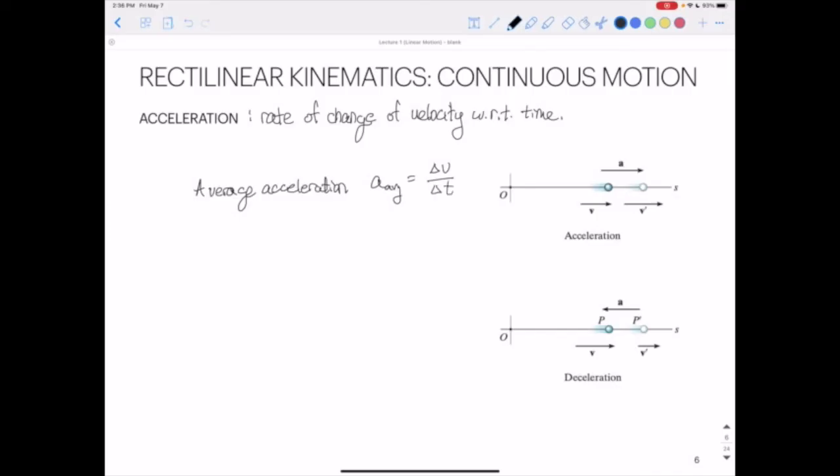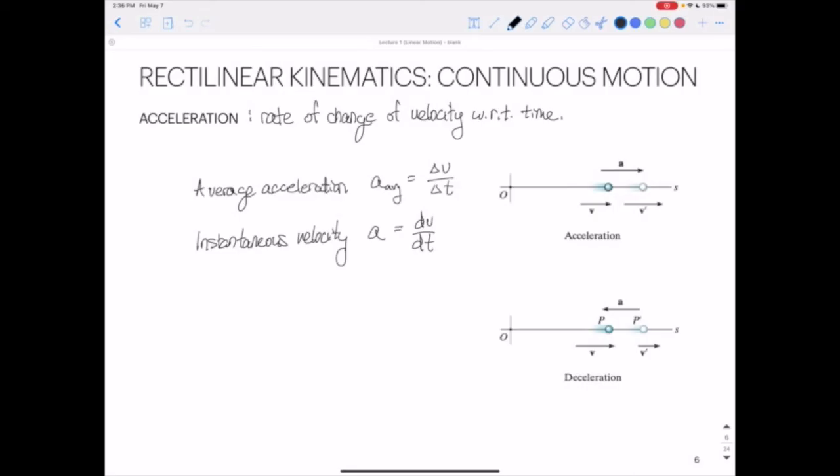So we have a velocity at some point V prime, and we have an initial velocity V. We can calculate the average acceleration over that time period where that particle moved from one position to the other, or changed velocities. And then if we take the limit as that delta t approaches 0, we can get our instantaneous acceleration, which we'll just call A, and that is equal to the first derivative of our velocity with respect to time.